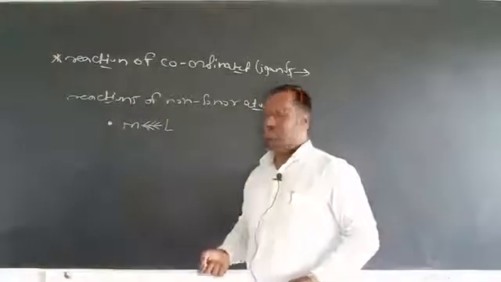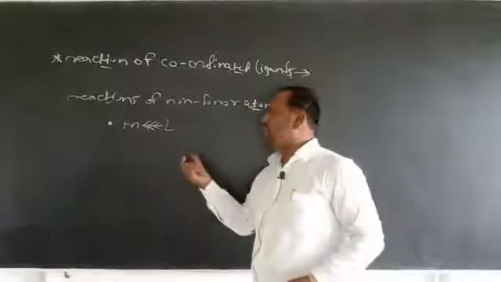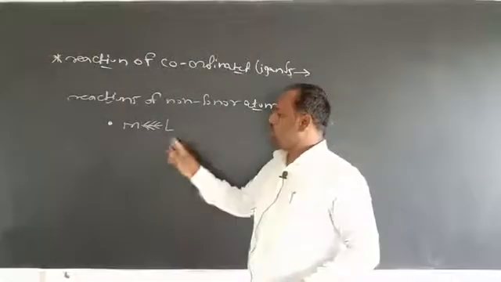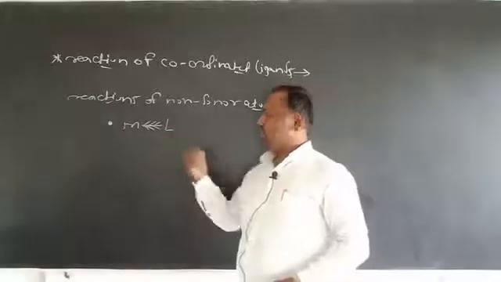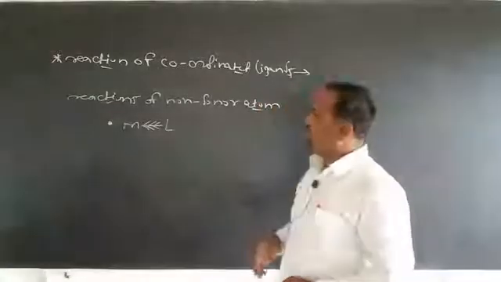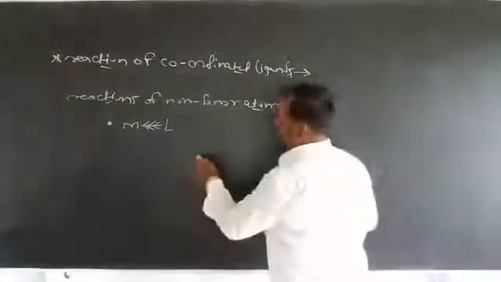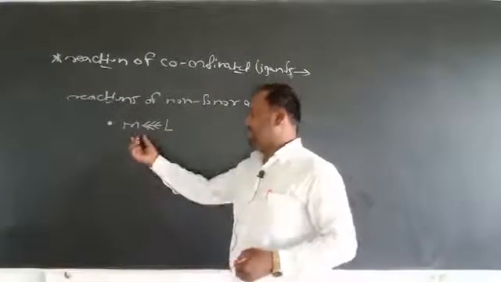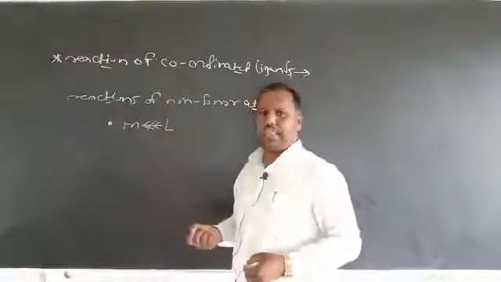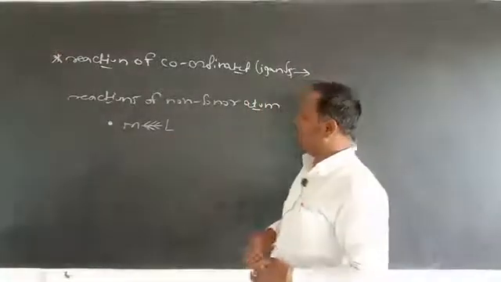Coordinate bond means donation of electrons from only one atom. So only the ligand donates its electrons, and therefore the bond which is formed is called a coordinate bond. When a coordinate bond is formed, what is the first point? When the ligand forms a bond with the metal atom, it donates its electrons and forms a coordinate bond.